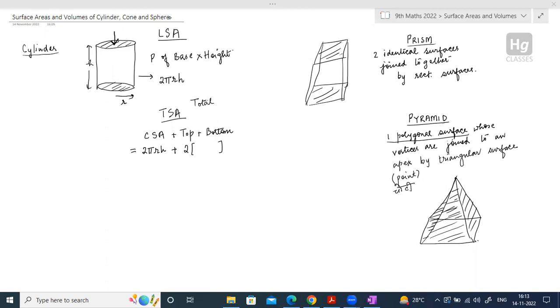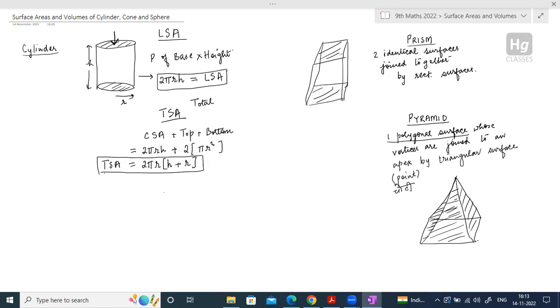And the area formula of a circle? Sir, 2 pi r. No, that is perimeter. Okay, pi r square. So the formula becomes, now you can see we can take 2 pi r common. What is remaining is h, and here what is remaining is r. So this becomes the formula for the total surface area of a cylinder. Sir, derivation. Yes. And this is lateral surface area.